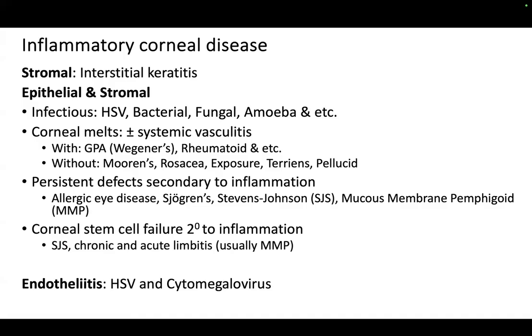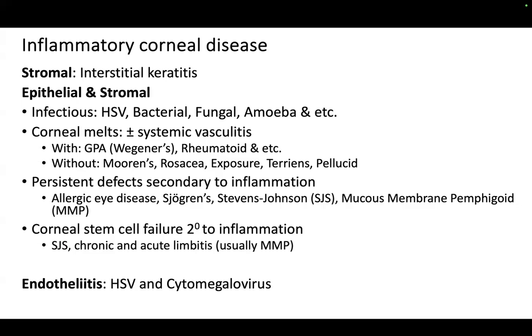And we might see stem cell failures secondary to inflammation, and rarely, fortunately, that's a feature of mucous membrane pemphigoid and other conditions such as Stevens-Johnson syndrome. Stevens-Johnson's pretty rare, but it's usually the result of drug reaction.